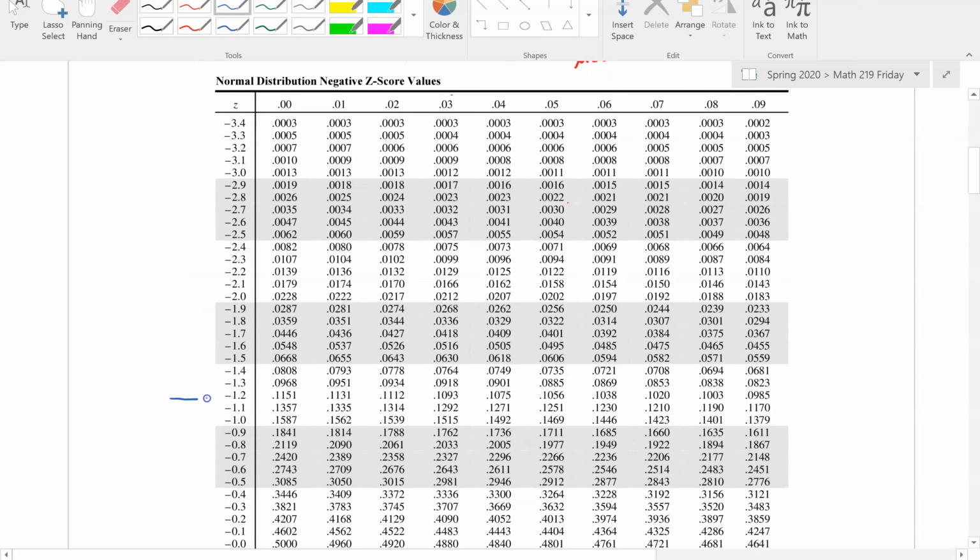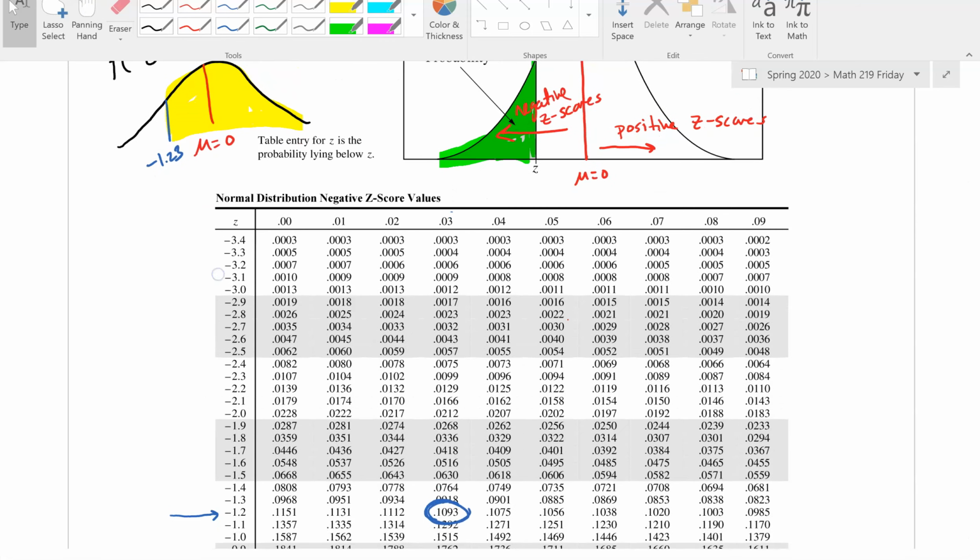There's negative 1.2, negative 1.20, 0.21, 0.22, and 0.23, right? So this is what I'm interested in right there. That is the area to the left of the z-score we have, 0.1093. So this area here is 0.1093.